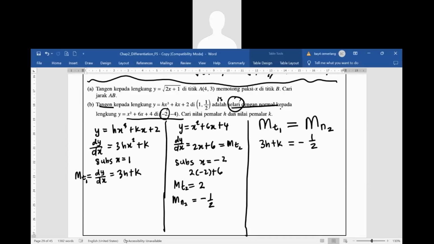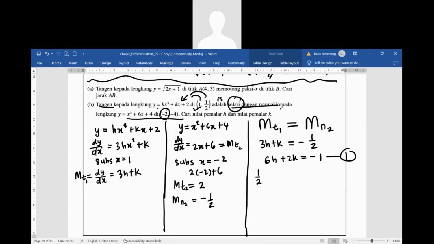Okay, but this is not going to find anything yet. We will at least find one of the equations. So multiplying by 2, we get 6h plus 2k equals negative 1. Equation number 1. And then for another equation, how to find it? Substitute this point (1, 1.5) into the curve.